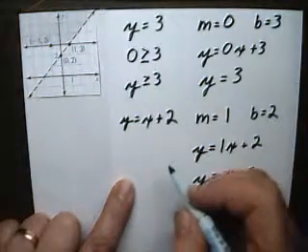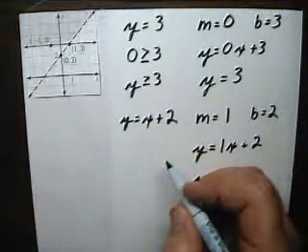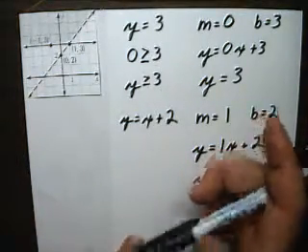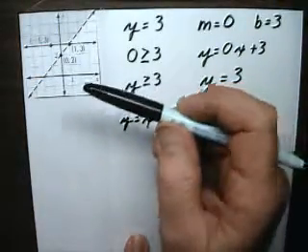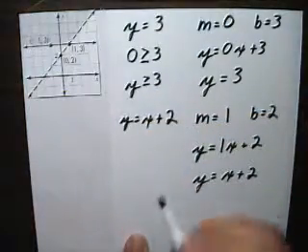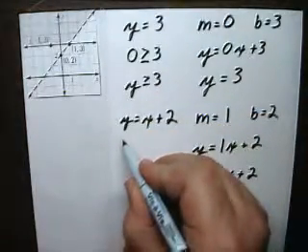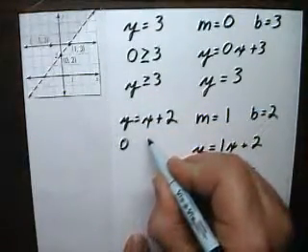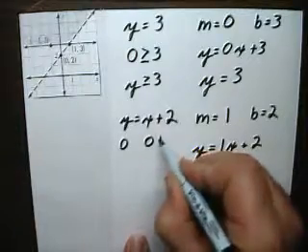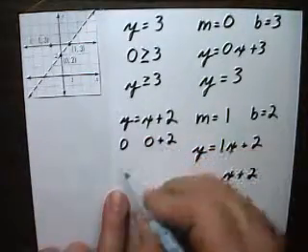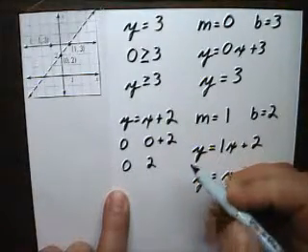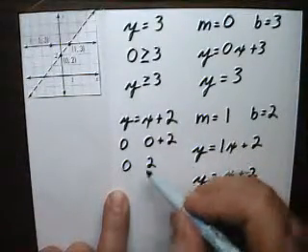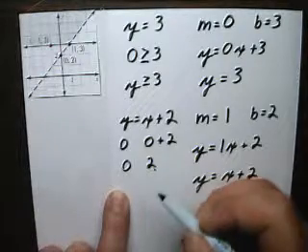Now let's do the same thing for this one. For this one, I'm going to use the same point, 0, 0, and it's got to be false. I'm going to have 0 for y, 0 for x, and then plus 2. So I'll have 0 on this side, 2 on this side, and I'll put in the inequality symbol that makes this false.